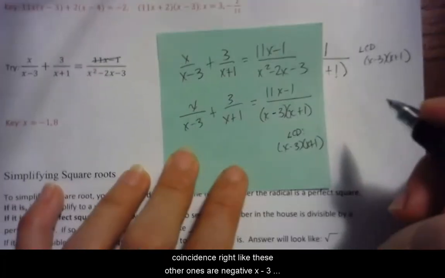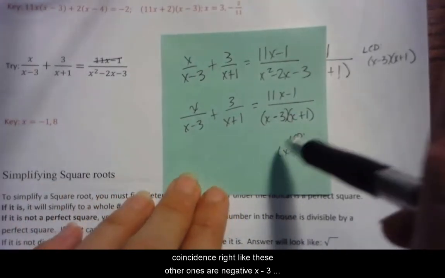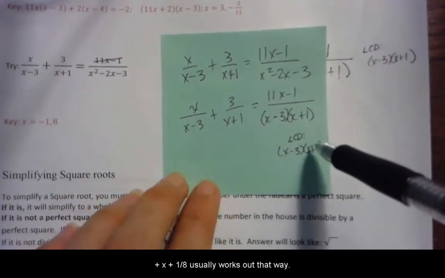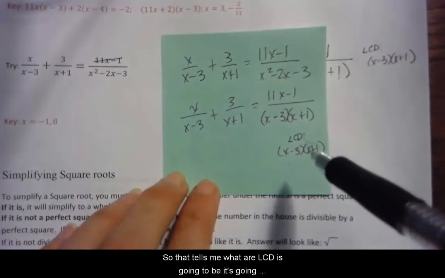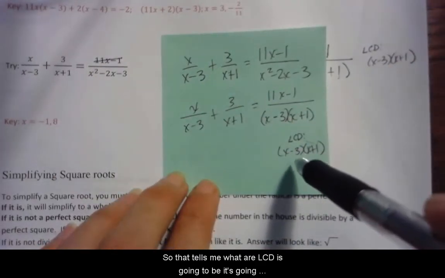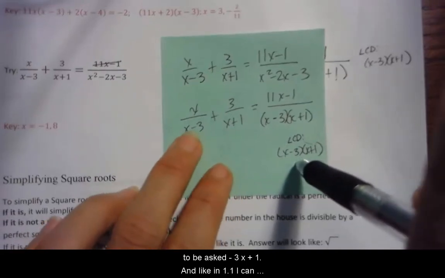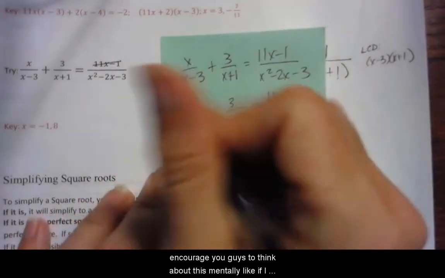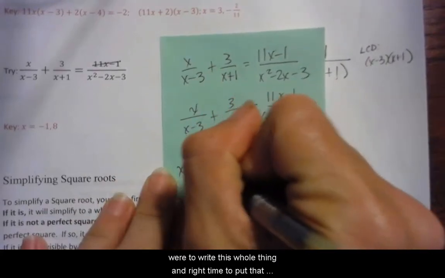And like in 1.1, I encourage you guys to think about this mentally. Like if I were to write this whole thing and write times and put that whole thing there, I know that the x minus 3 in the LCD would cancel with the x minus 3 in the denominator, and I would be left with x times x plus 1.